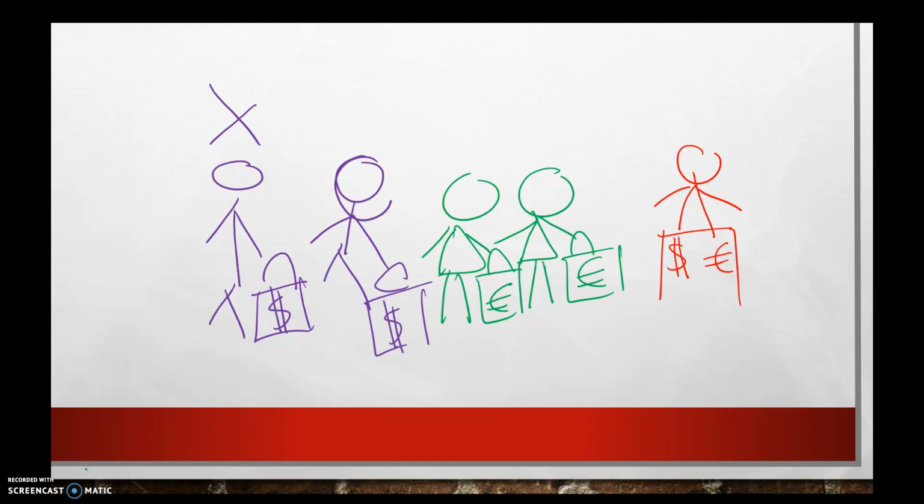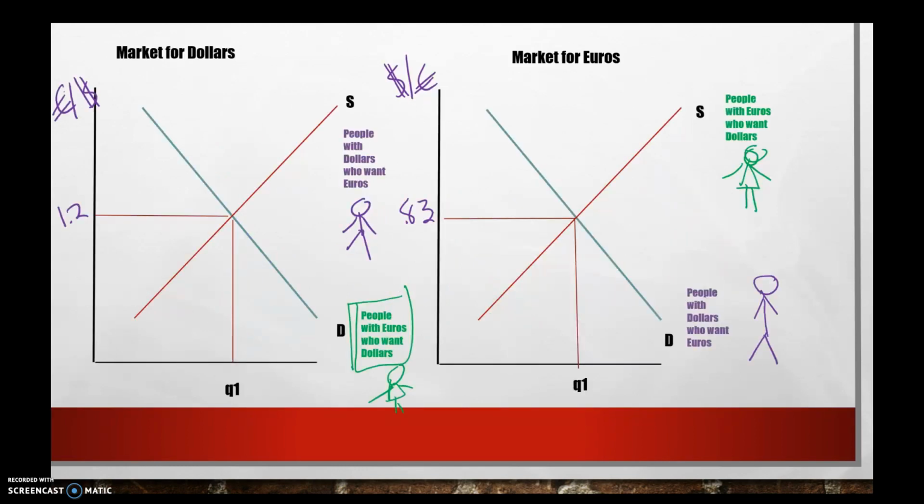The recession's in the United States. We're not going to be buying as much from Europe, so we're not going to be exchanging as many dollars for euros. So there'll be less people with dollars who want euros, and that is the supply curve in the market for dollars. So the supply curve is going to shift to the left.